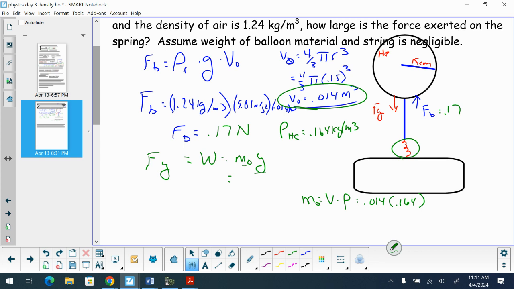We have to multiply by 9.81 then. Janae, what do you get for the mass of the object? 0.0023. Then we can multiply by 9.81 to find our weight.